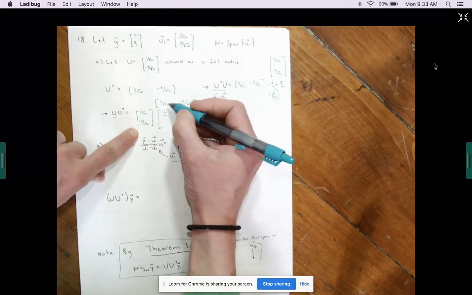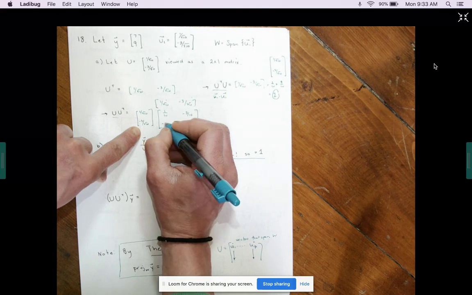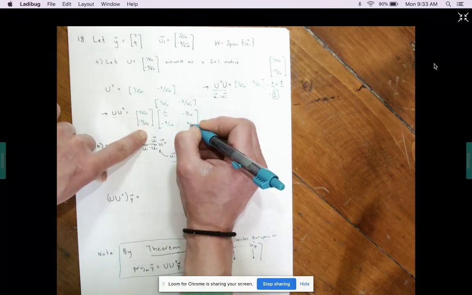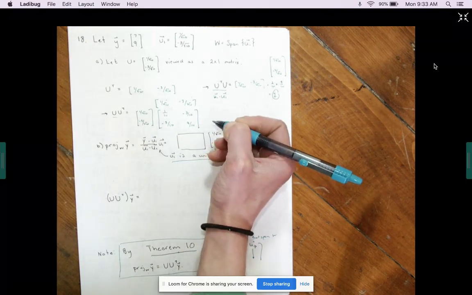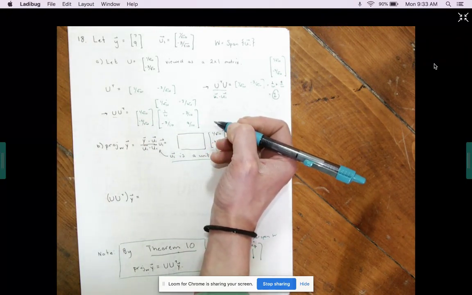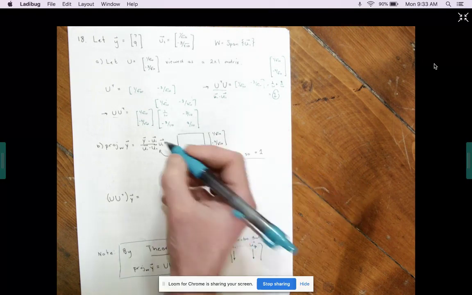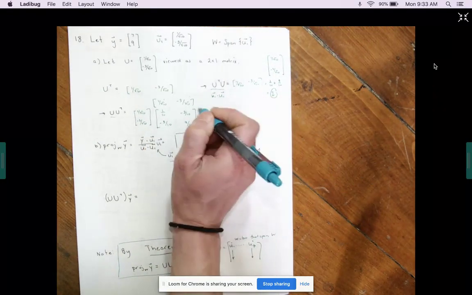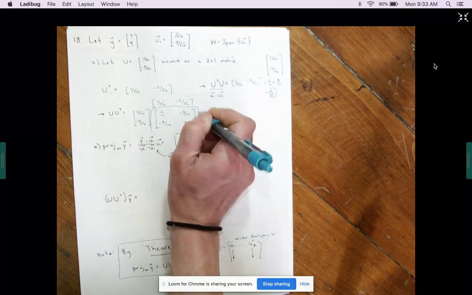And then this times this is negative 3 over 10 again, and this times this is 9 over 10. So that's my U times U transpose. These are my two solutions to part A.